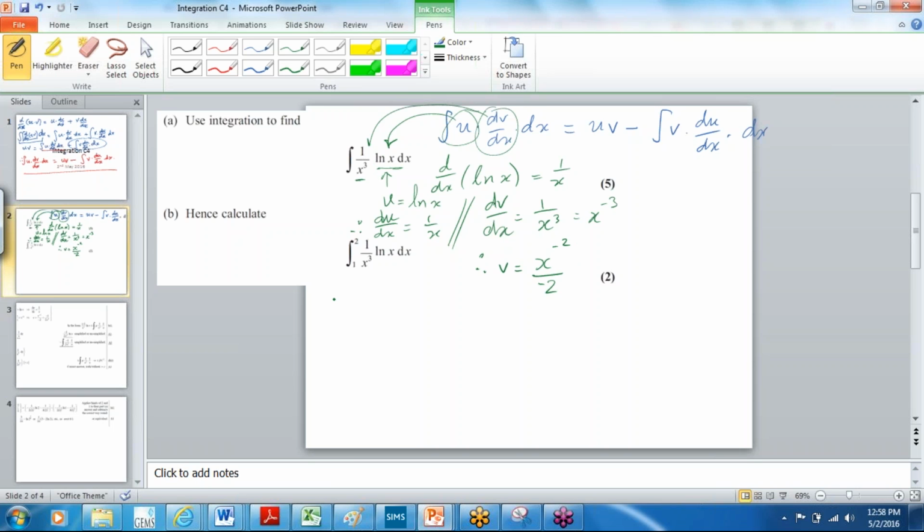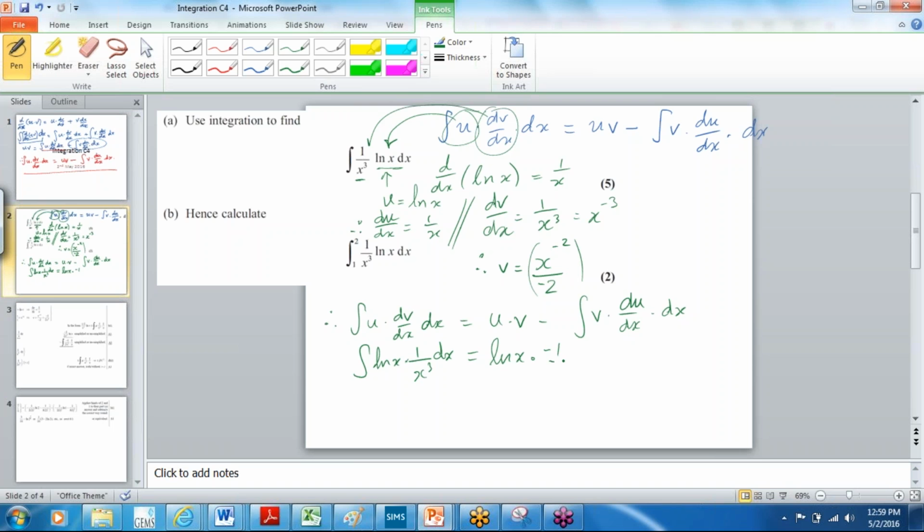Let's apply our formula: the integral of u dv/dx equals uv minus the integral of v du/dx dx. And let's substitute.